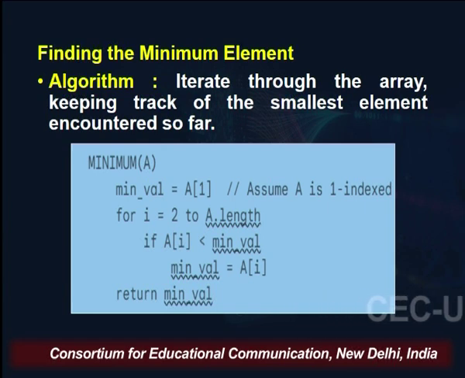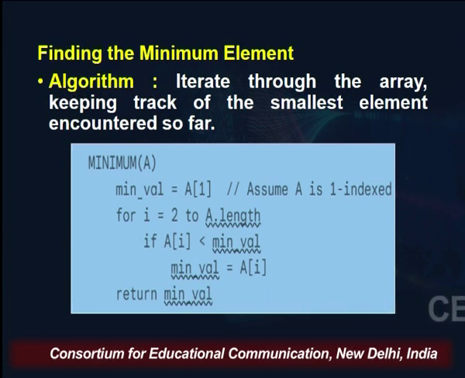We can tweak this algorithm to take care of 0 indexed also. The minimum value presently is A of 1, and then starting from i equals 2 to A dot length, if we encounter any A of i which is less than the minimum value, we update the minimum value with the new minimum, A of i, and finally we return the minimum value.